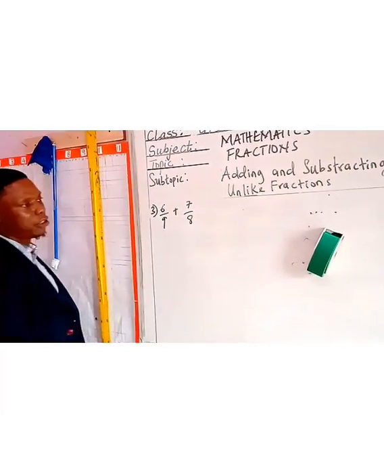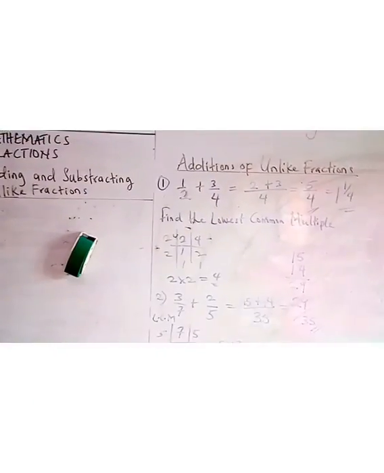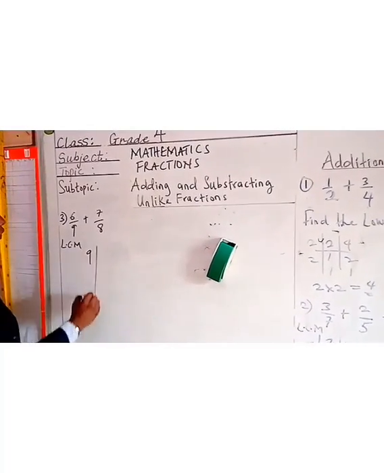I told you the first thing you do is to find the lowest common multiple. So we go LCM 9, 8.